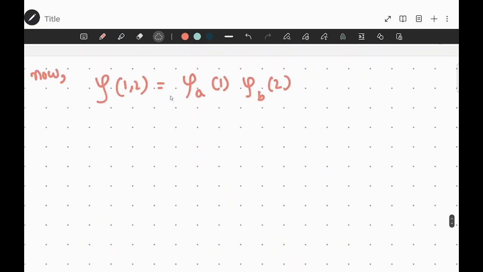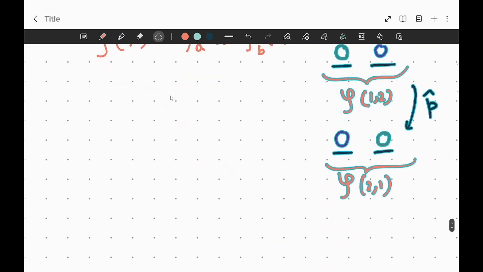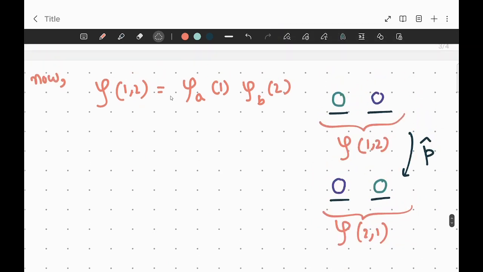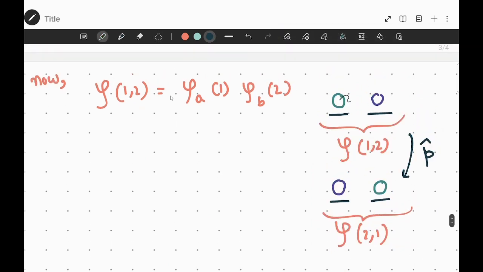The condition we obtained, now we can do it explicitly. This green particle is A, and this blue particle is B. So psi 1, 2 is essentially the total, composite wave function. Now we can write it in terms of individual particles.